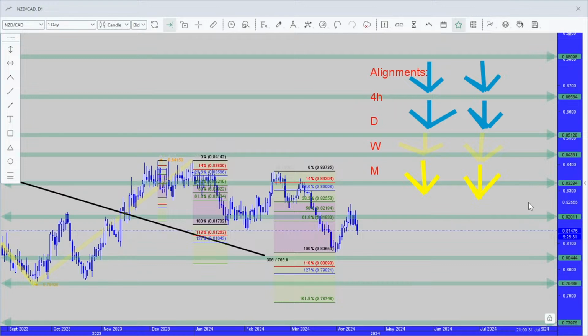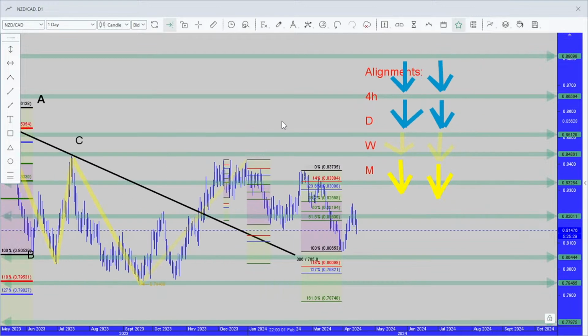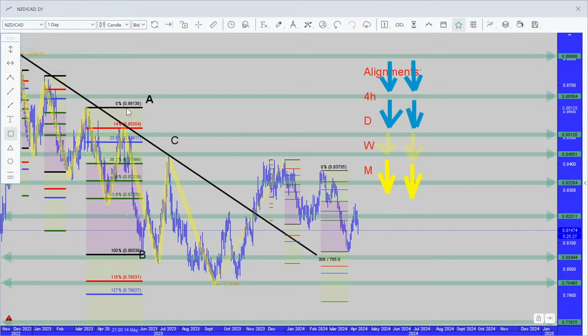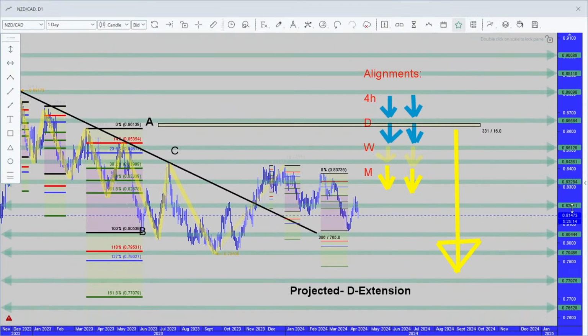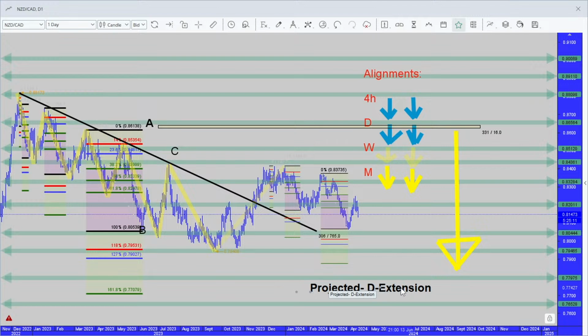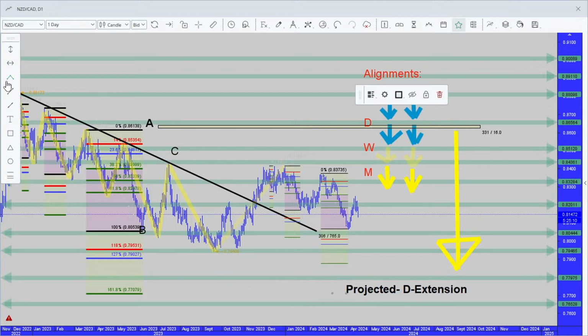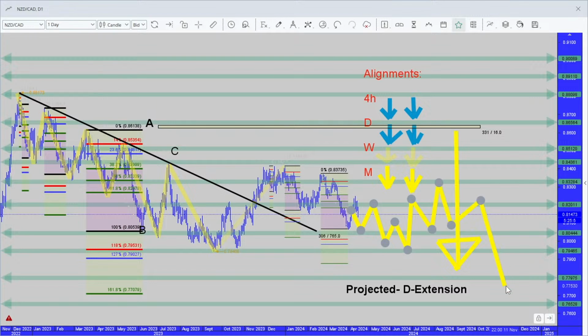This is an example when you short the market, and if you put the stop loss above the A on the daily, 7 times out of 10 this market is going to wave in between. The market can do anything it wants, we're clear on that, but nonetheless it is going to come to the projected extension.